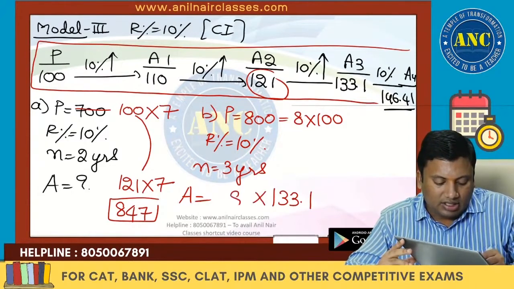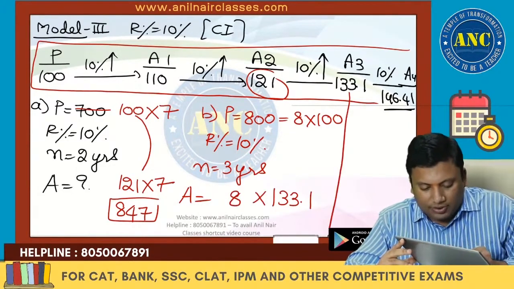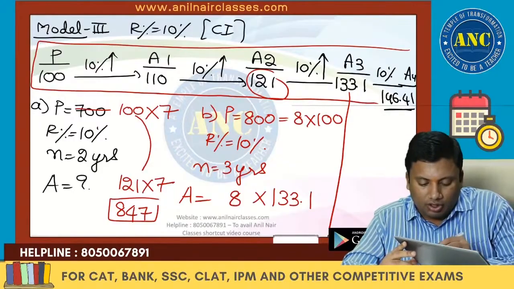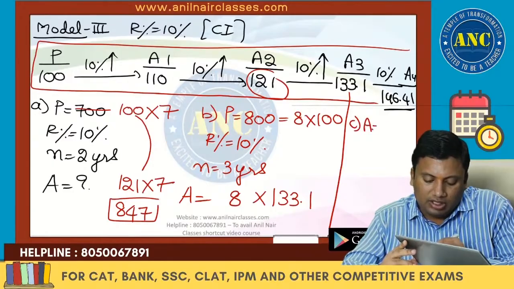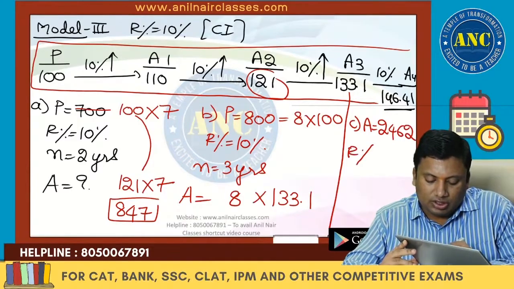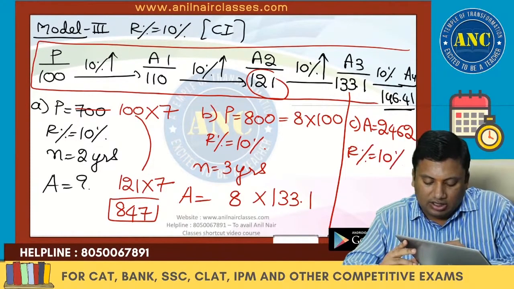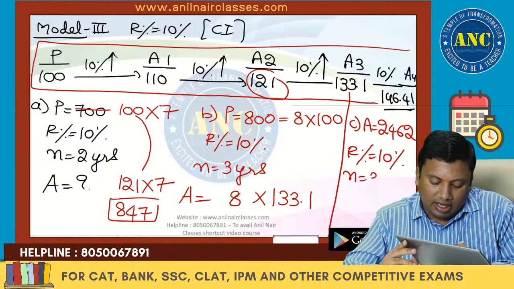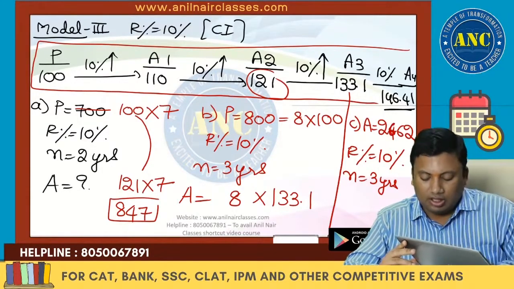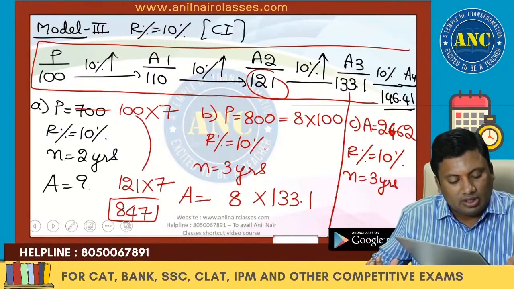Principal is 8 times, so the amount is also 8 times. The amount is 2462. Sir, not 2462, it is 2662.